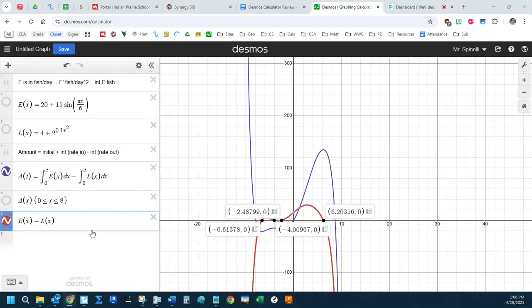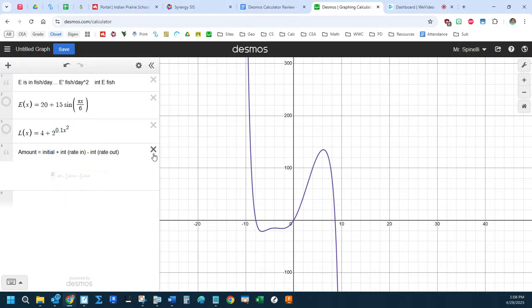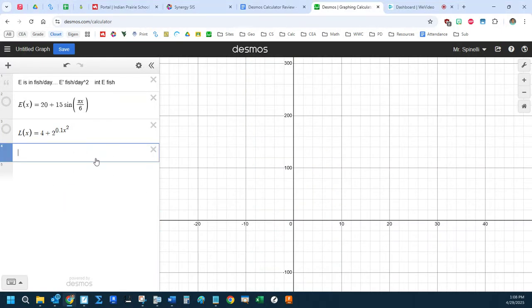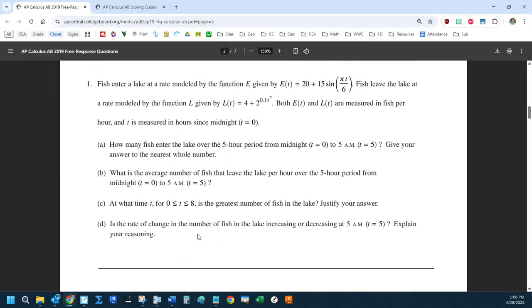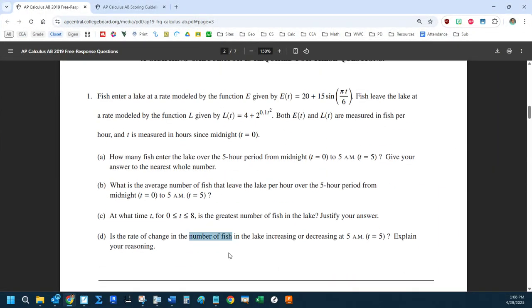It says, is the rate of change in the number of fish increasing or decreasing at a particular time? So I read that sentence, and let me just show you. It says number of fish. So that immediately says, oh, I need to integrate these functions that they gave me, because these functions were in terms of fish per hour. So if I integrate these functions, I'm in fish. Okay, so that's fish.